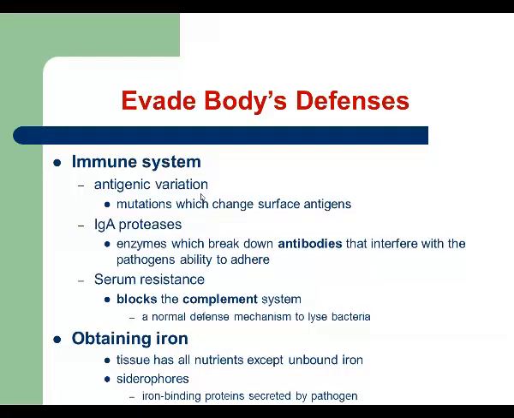Why? Because Neisseria gonorrhoeae can perform antigenic variation, meaning it changes surface antigens regularly. As soon as our immune system produces antibodies against a specific surface antigen on the surface of Neisseria gonorrhoeae, that microorganism changes it again, and then the antibodies produced previously are not able to destroy the new antigens, and our immune system has to produce new ones.